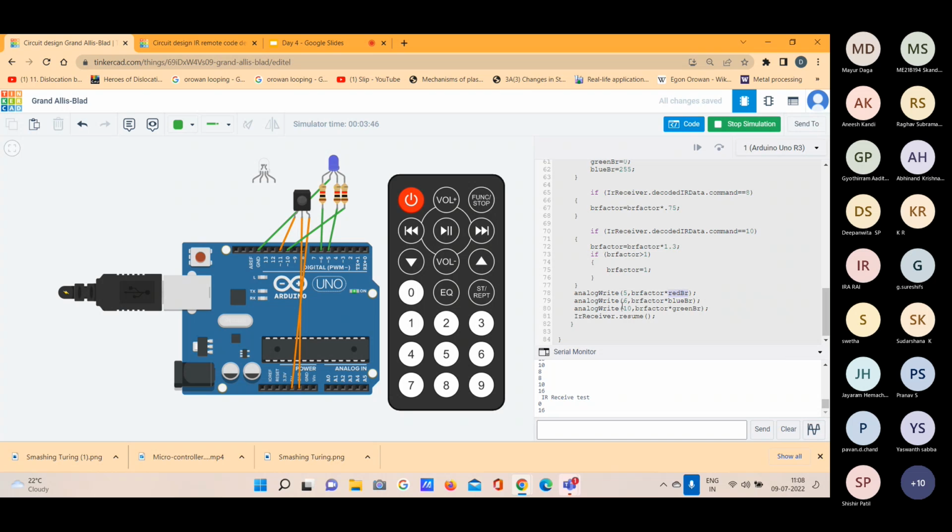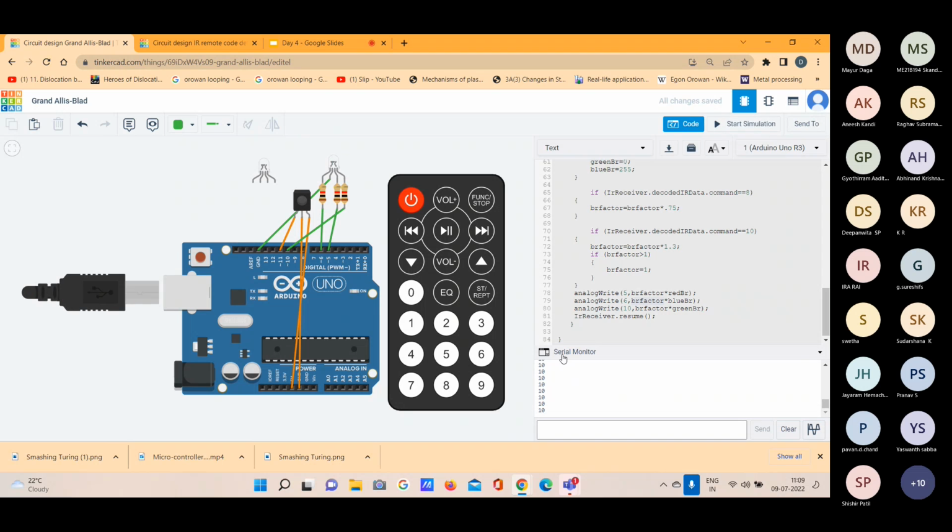And for analog write 6, which corresponds to the blue pin, if I press this, then it decreases the brightness by 75%. And it is done by multiplying the value of blue, that is 255, by the brightness factor. So in this way we control the brightness of the LED.